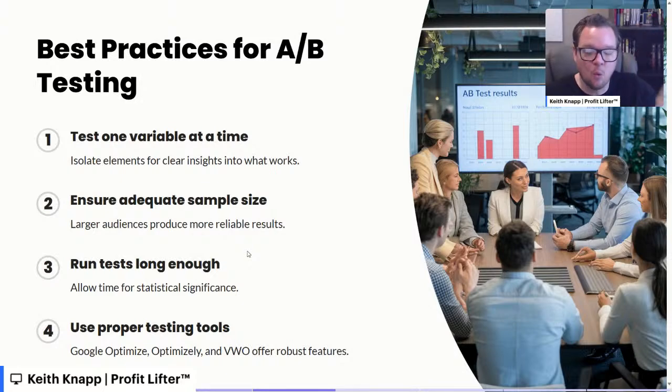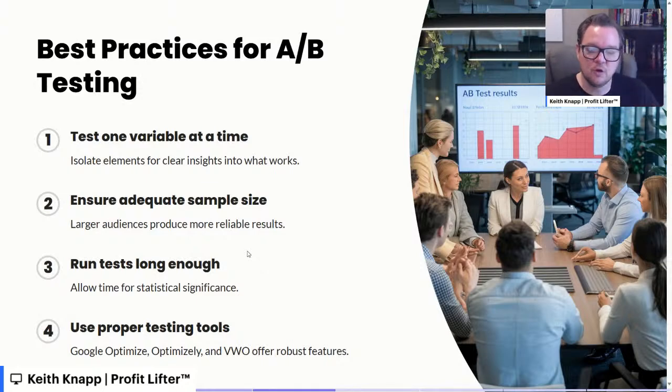It may take you a week or two, depending on how much volume you're getting, what your price points are, how much you're spending on ads. But then you'll be able to say, okay, this is working better. You may have picked the headline for your first variable. And then from there, you may say, okay, let's test an image as opposed to a video. So this is an ongoing process.